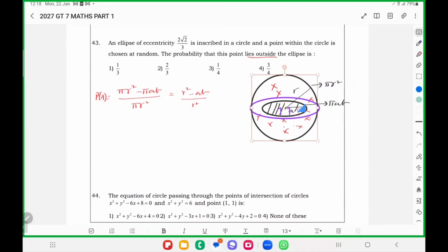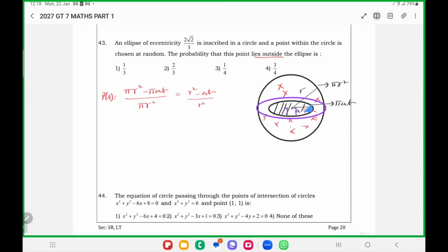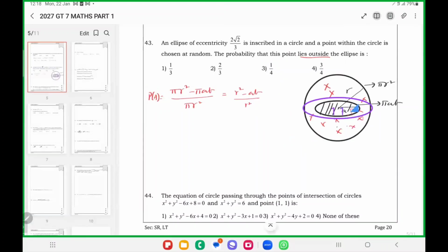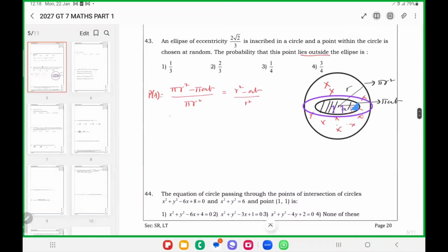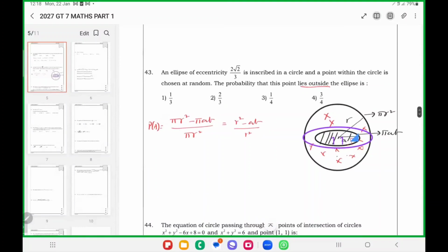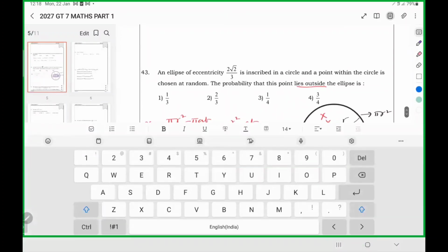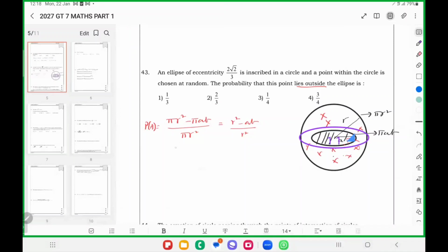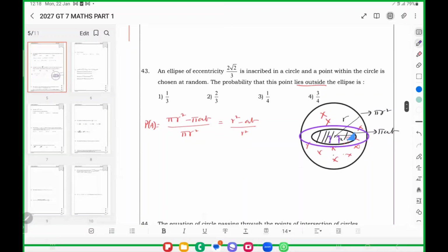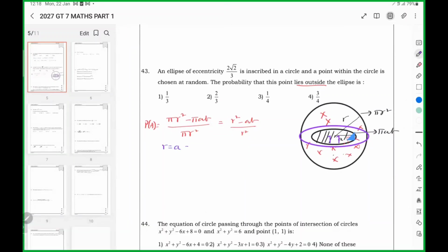So R becomes A. And a square minus b square by a square, which is 1 minus b square by a square.